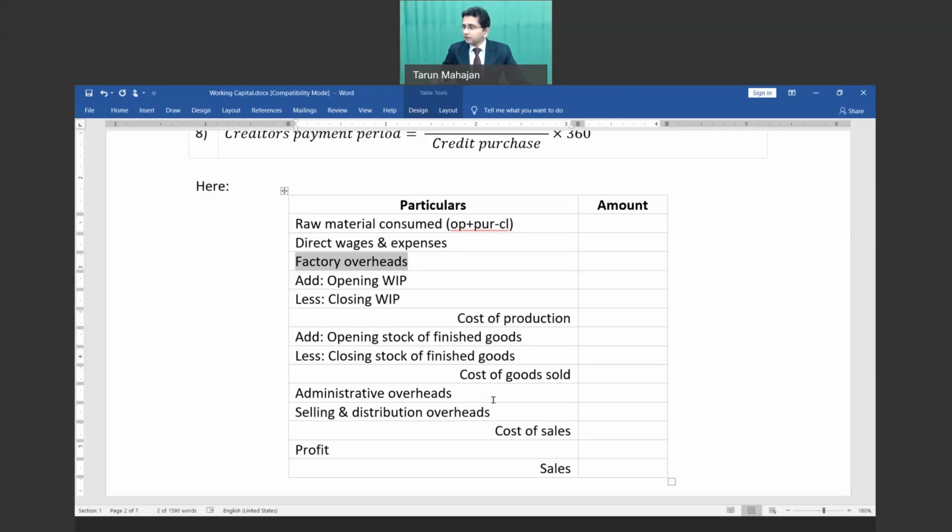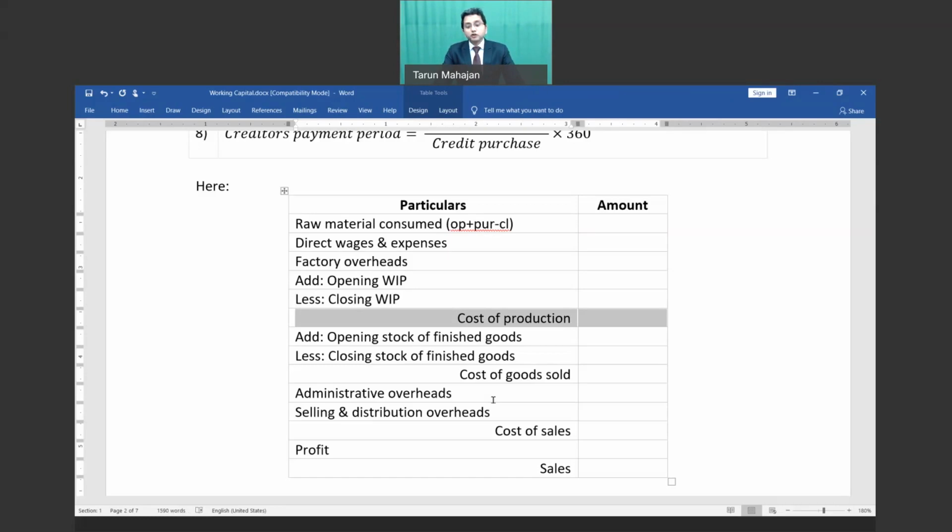Then they name it as work cost, but I'm not again concerned with work cost. I add opening stock of work in progress and I deduct closing stock of work in progress. To arrive at the cost of production, you know, the name itself says it is the cost of finished goods which you have produced.